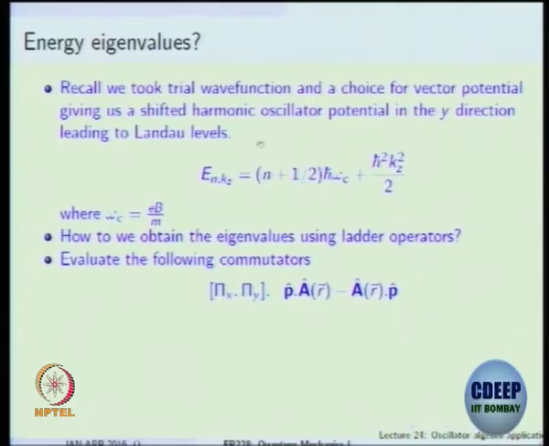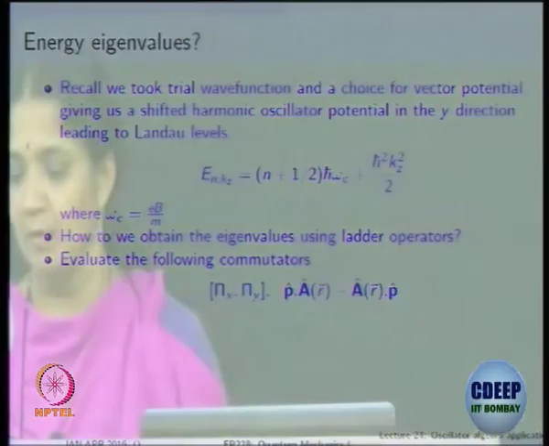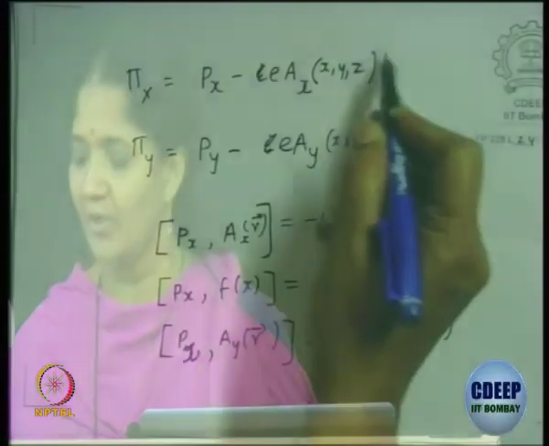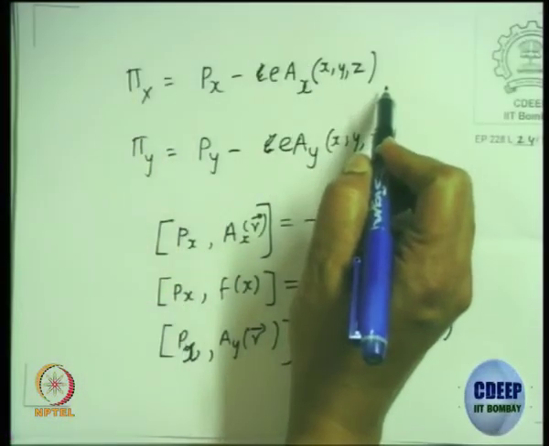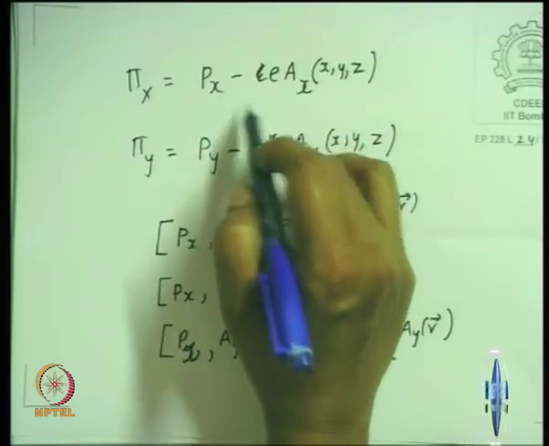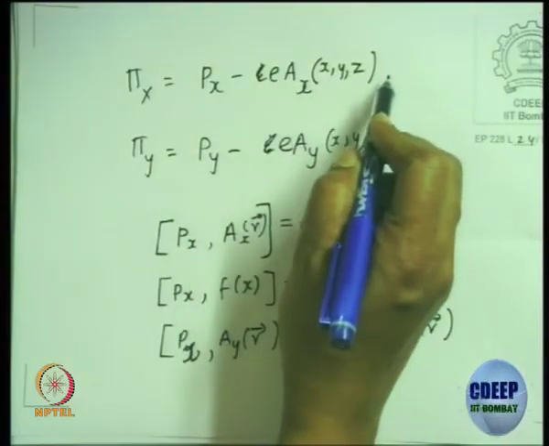A couple of things I want you to work out: the commutator of the x component with the y component, [πx, πy], and similarly we know that p with A and A with p, that order really matters. p·A is not the same as A·p. Just to take you through how, in general, the potentials are functions of positions. So πx is px minus eAx, which is a function of positions.